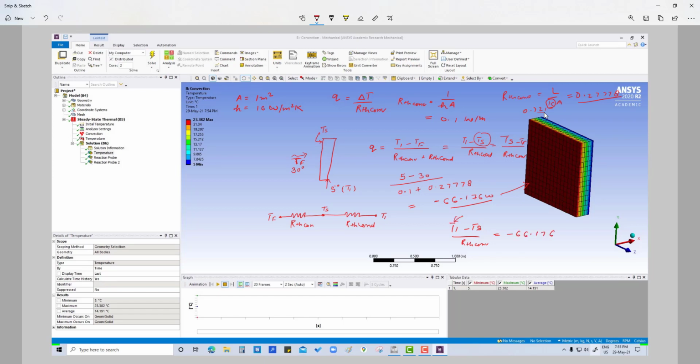For T1, we can use this surface and this fluid. So TS we have to calculate, TF is 30 degrees, and this is 0.1. From here we can get the temperature of the surface, that will come to 23.382 degrees centigrade. So that you can see here.